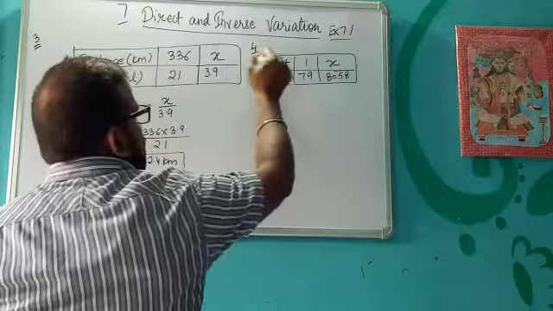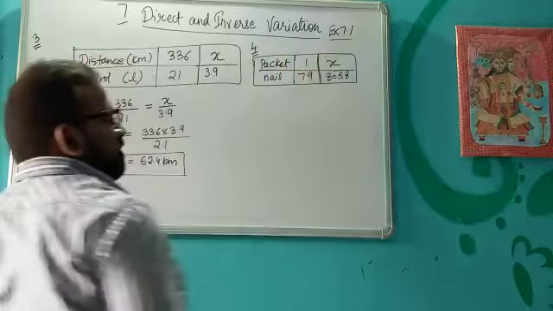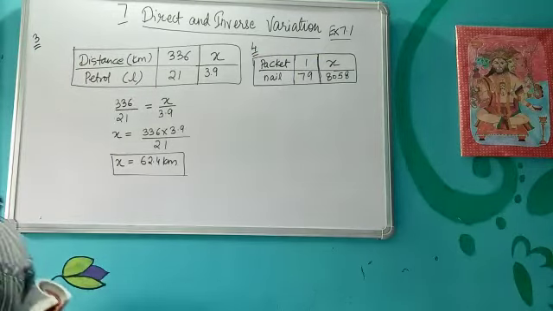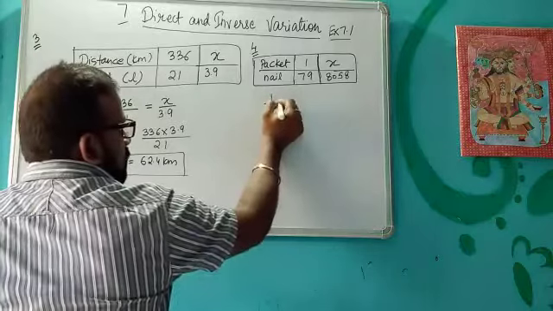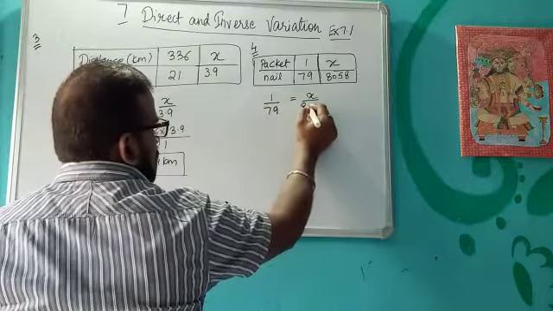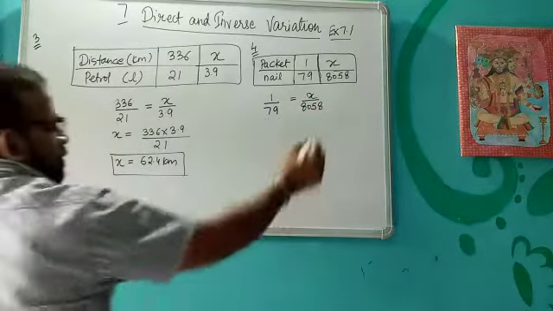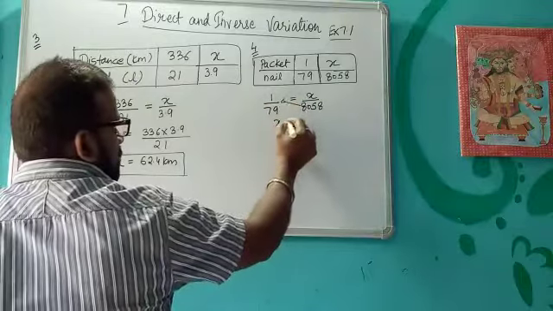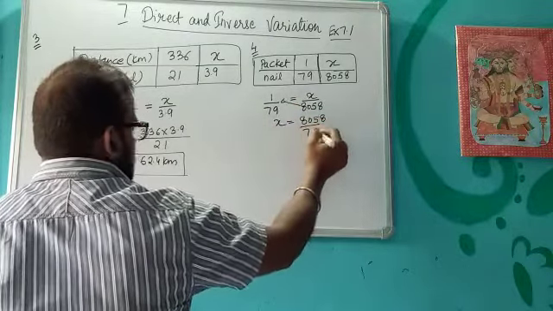Again we have identified the two variables, and since it is direct variation, as the number of packets increases, the number of nails also increases. So how do we solve? 1 upon 79 equals x upon 8058. So 8058 will come here, it will be 8058 upon 79.